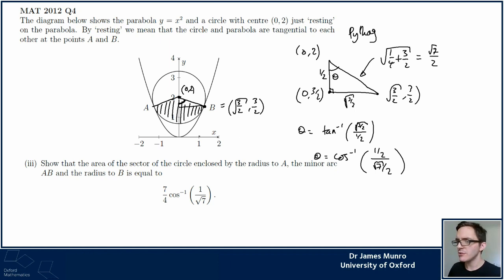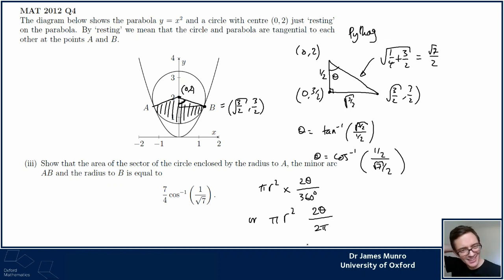Okay, what do I do next? So I want to think about the area here being, I suppose, the area of the circle, pi r squared, times either 2 theta divided by 360 degrees, or if you use radians, 2 theta divided by 2 pi radians. Here I suppose it depends whether you think this arc cos is measured in degrees or radians.